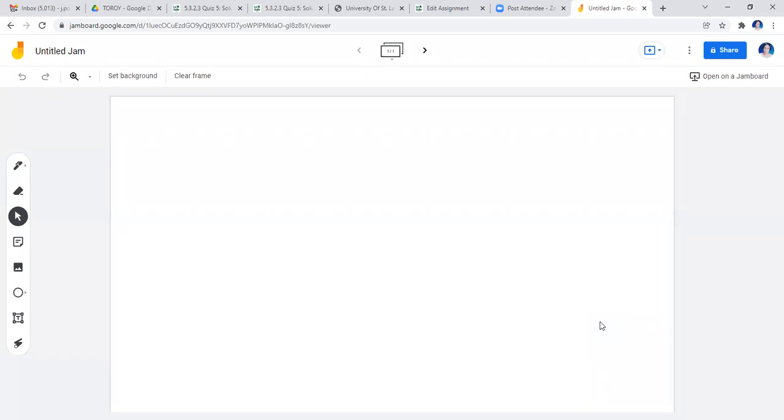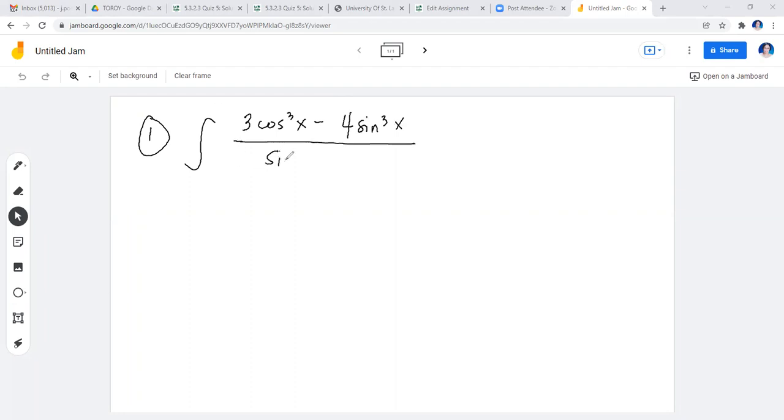Okay. So the first thing that you saw there, just change to black. Integral of 3 cosine cube x minus 4 sine cube x divided by sine squared x cosine squared x dx.